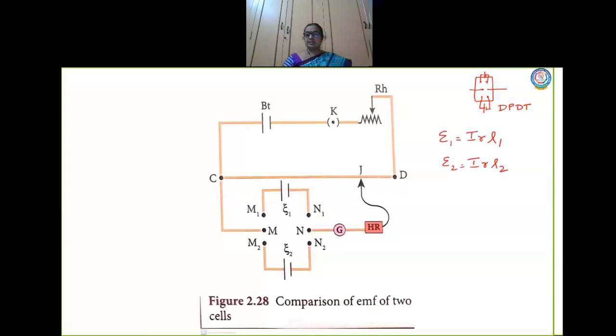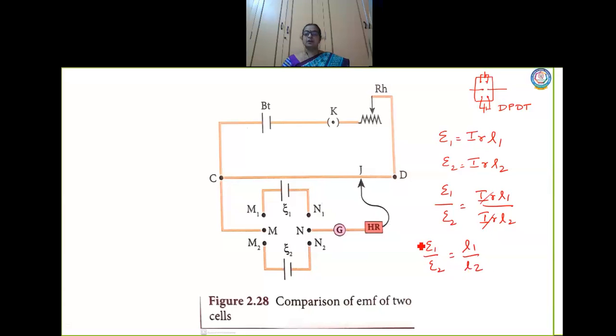So here I have ψ1 equal to IRL1, ψ2 equal to IRL2. So divide one by the other, I have ψ1 by ψ2 equal to IRL1 by IRL2. So IR gets cancelled. So ψ1 by ψ2 equal to L1 by L2.